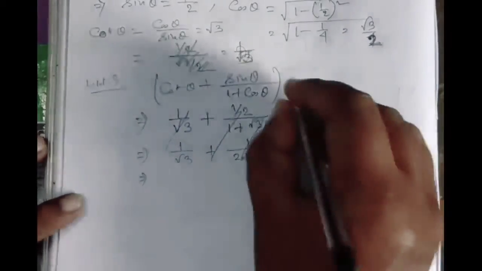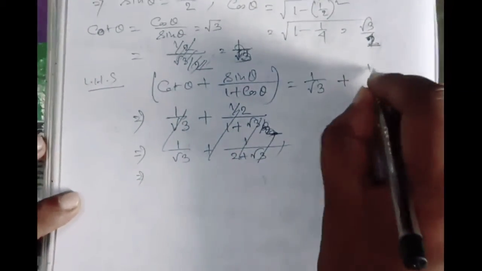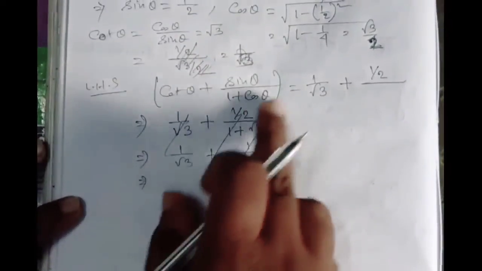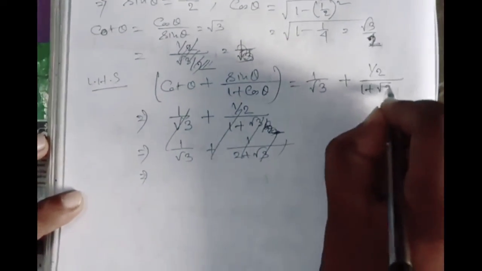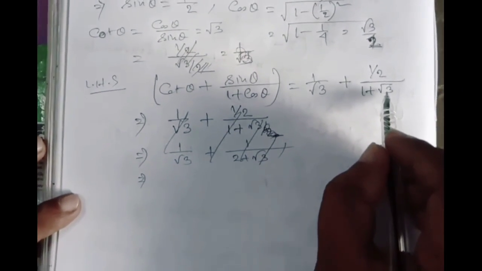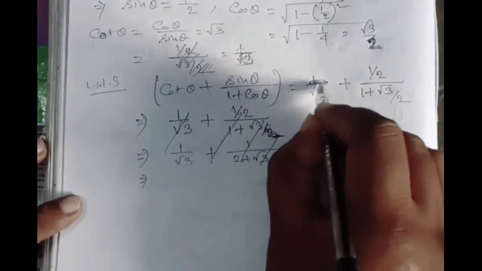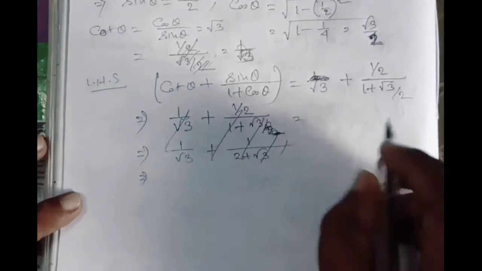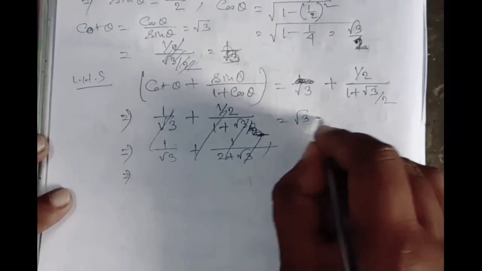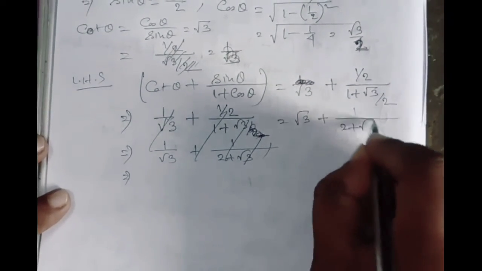So cot theta is root 3, plus sin theta, which is 1 by 2, by 1 plus cos theta, where the value of cos theta is root 3 by 2. So this is root 3 plus 1 by 2 plus root 3.